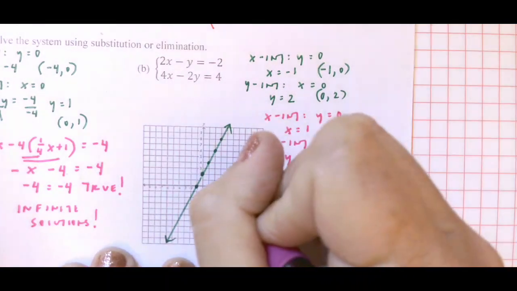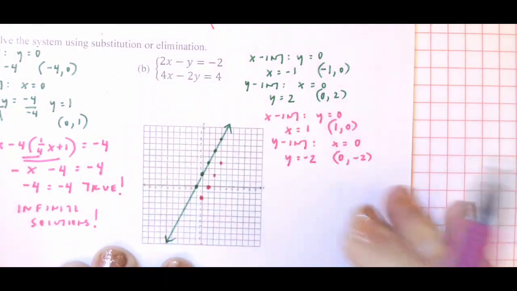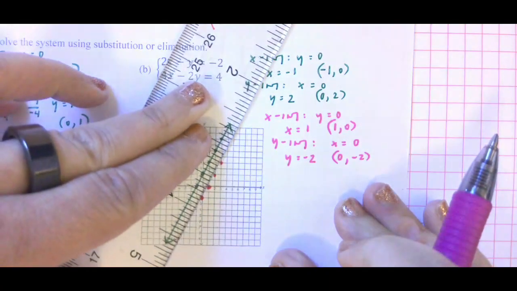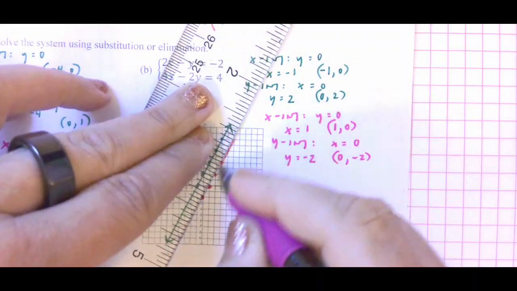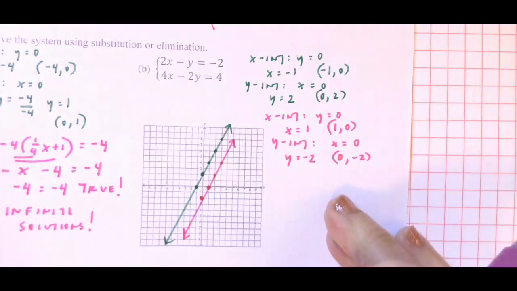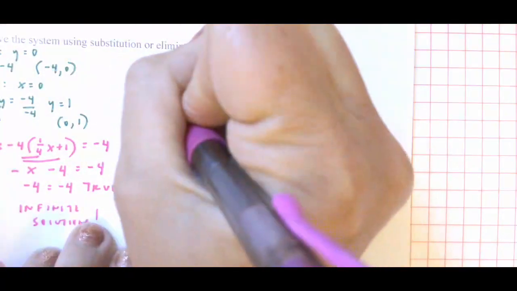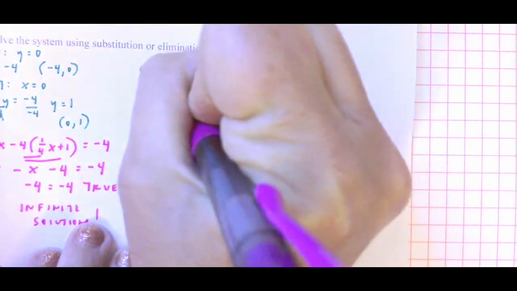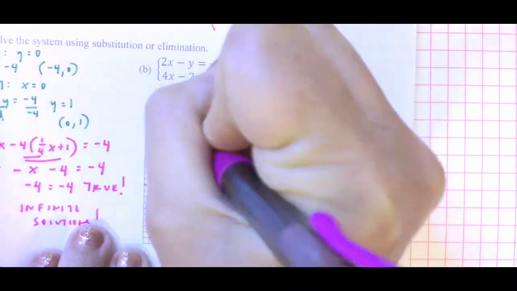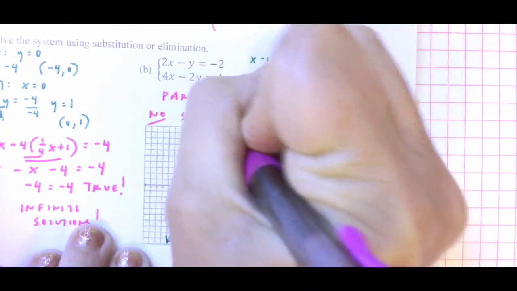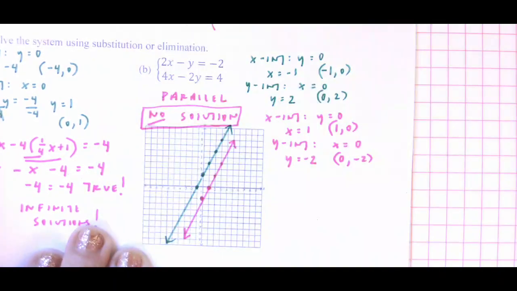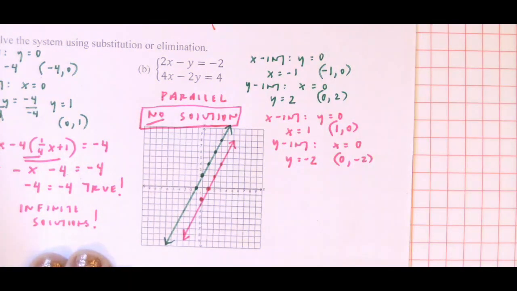Okay, and if I give myself a few more points, I can see that it has the same slope of 2, up 2, right 1. And since we have that same slope, these lines are parallel, right, parallel lines. So there is no solution. There's no way that they are going to cross. There are no points that they're going to share in common.